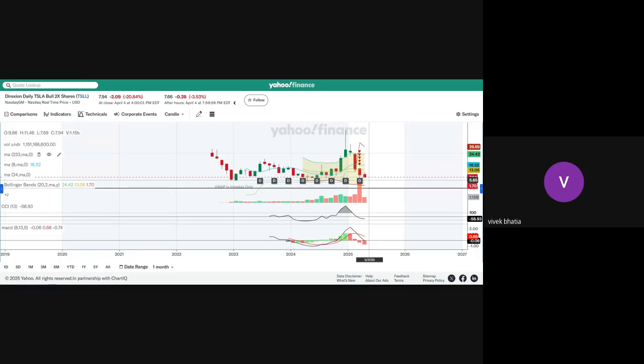Don't wait for a target of about 30 or 40. If you're buying at 5, get out at 15 or 20. You are quadrupling your capital or your investments. So TSLL, as of right now, I would like to wait for a good entry price.